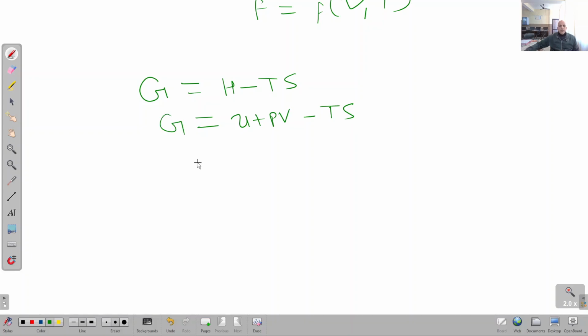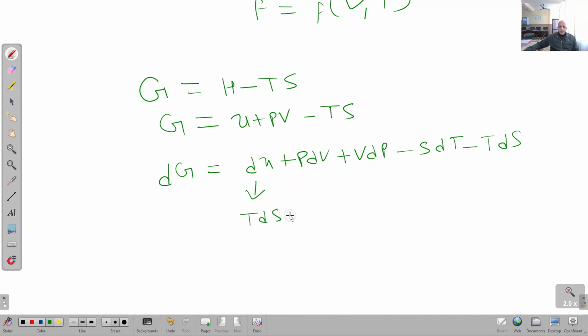So you got G is equal to U plus PV minus TS, right? Now I am taking the derivative. dG is equal to dU plus PdV plus VdP minus SdT minus TdS. Clear?